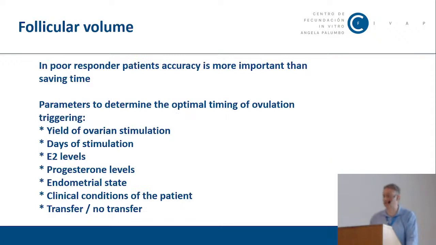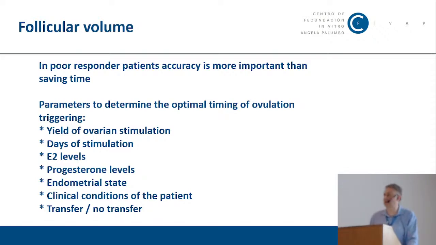In case of few follicles, precision in the choice of the day of ovulation induction is even more important to maximize the stimulation yield. Of course, there are other stimulation parameters that must also be taken into account when deciding the trigger of the patient, such as the day of stimulation, the estradiol level, the progesterone, the endometrium, and above all, the clinical condition of the patient.